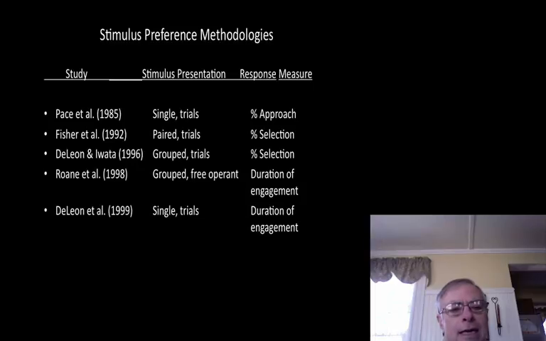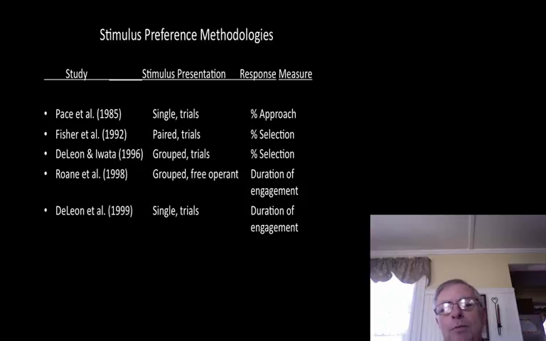Ronan in 1998, and then De Leon again in 1999. And it goes through stimulus presentation of single stimulus in trials, paired stimulus in trials, group stimuli in trials, group-free operant, which is one of my favorite ones, and then single stimulus again in trials.